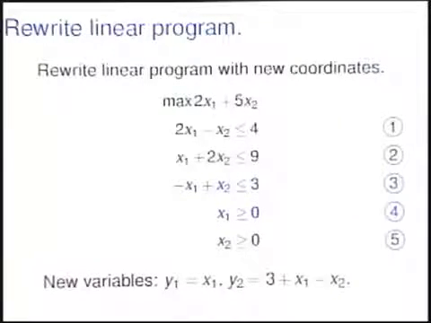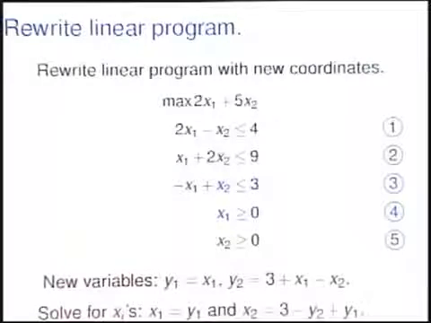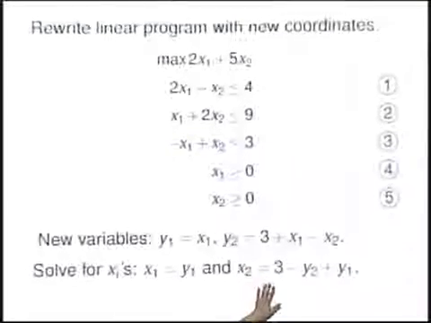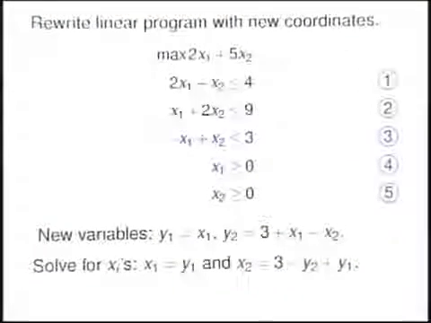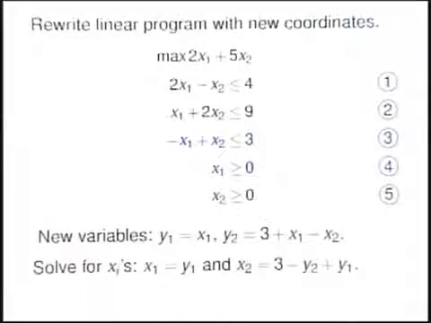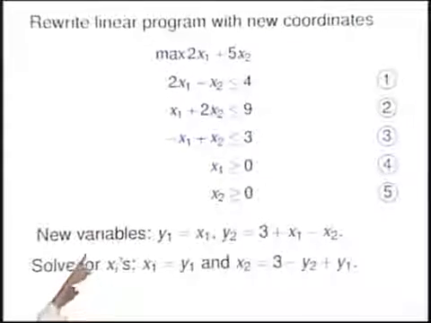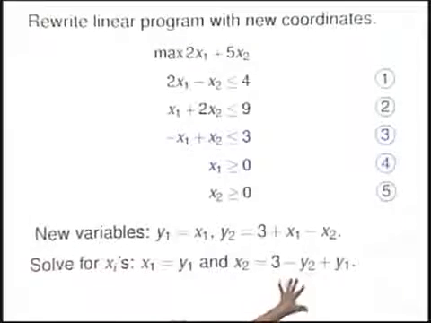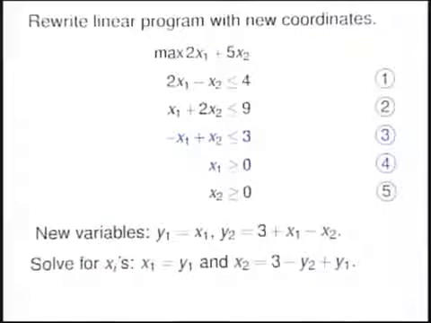Now we solve for the x_i's in terms of the y_i's. x1 is easy: x1 equals y1. For x2, in this case it wasn't so hard to solve the system, it's pretty small. Now you plug in: wherever you had x1 you put y1, and wherever you had x2 you put in 3 minus y2 plus y1.